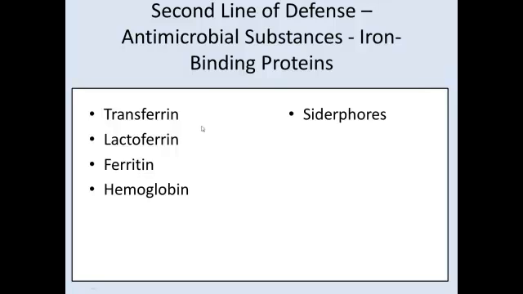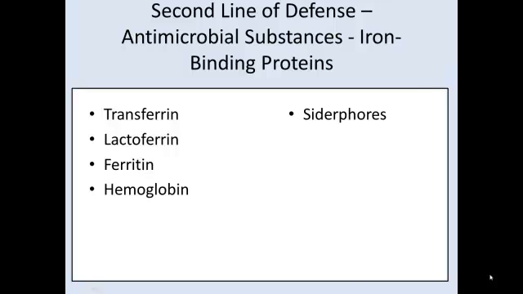But I do want you to know our iron-binding proteins. Transferrin is a protein that carries iron around the blood. Lactoferrin carries iron within milk, tears, any secretions. So a mother can transfer iron to her growing baby.